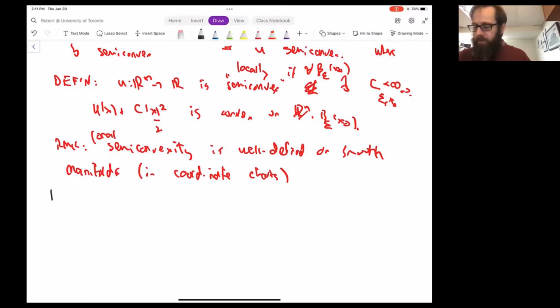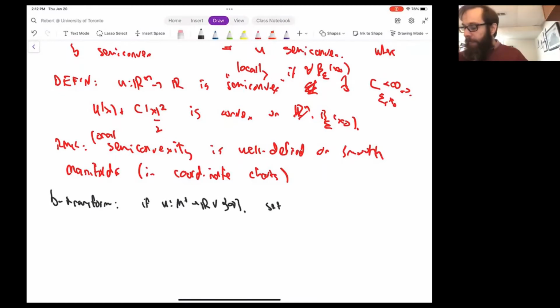So to do this, let me introduce what's sometimes called the B transform. If I have a function U on M plus, possibly taking infinity as value, but not identically infinity, I define its B transform, a function on M minus, U superscript B, to be given by the supremum over all x in M plus of b(x,y) minus u(x).